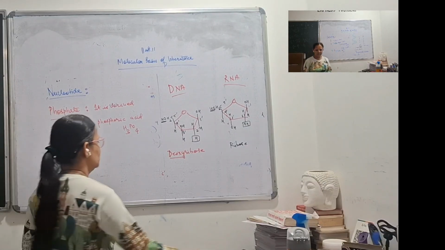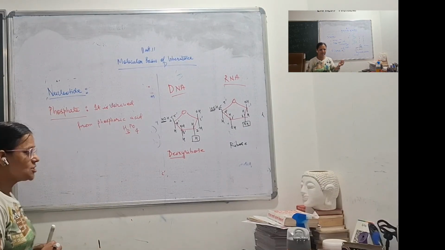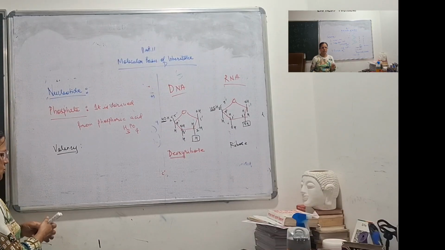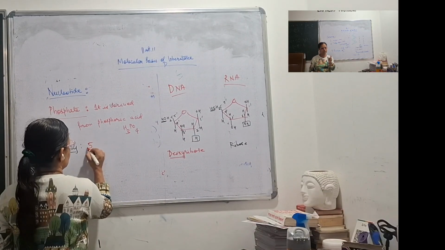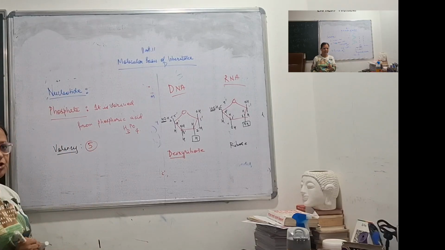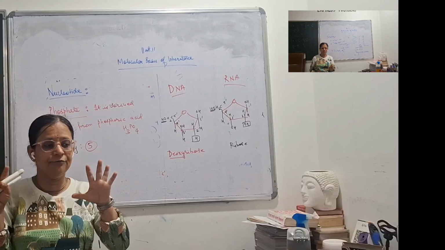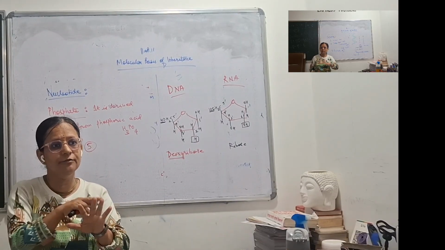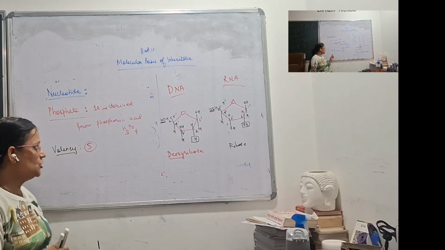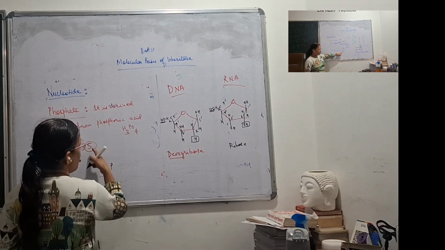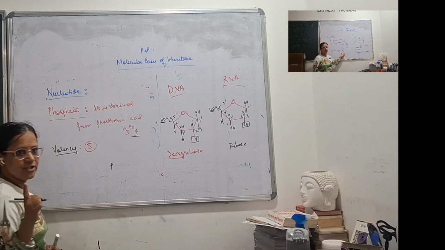Now, you must know a little bit of chemistry, that is the valency. So, the valency of phosphorus is what? 5. Right? That means what? Phosphorus can form 5 covalent bonds with 5 atoms. Right? So, here phosphorus is forming 4 covalent bonds with 4 oxygen atoms.